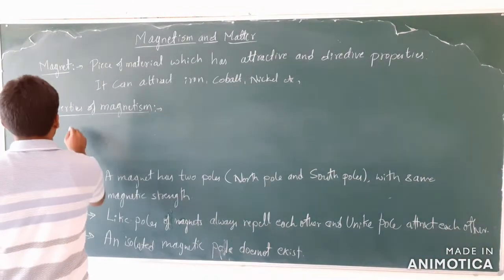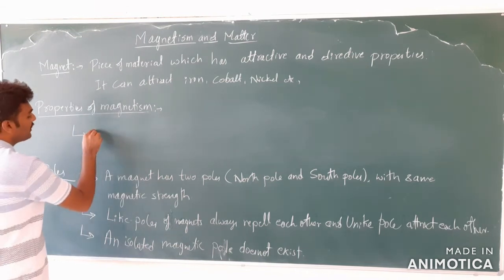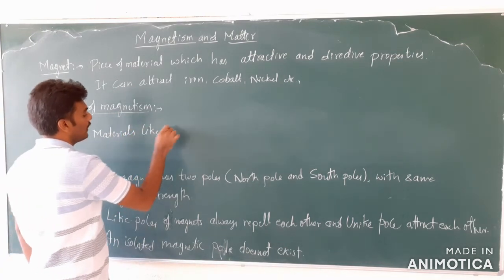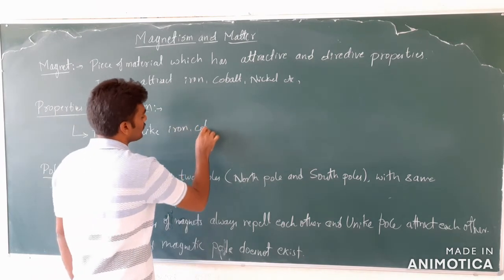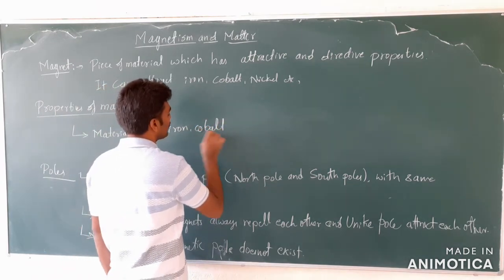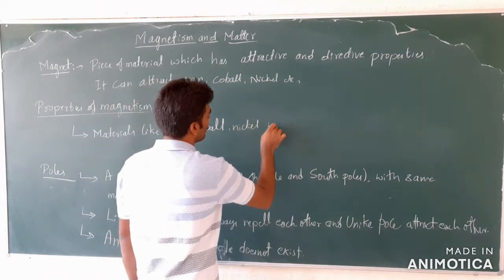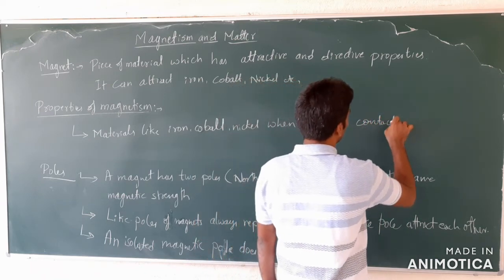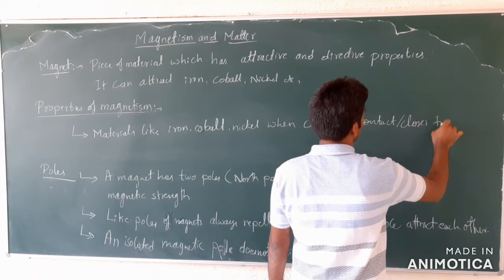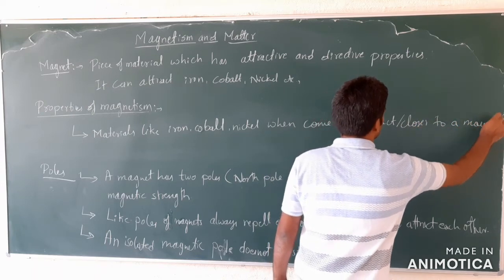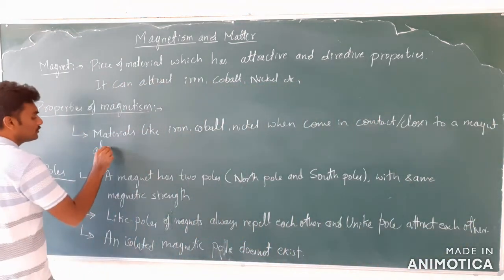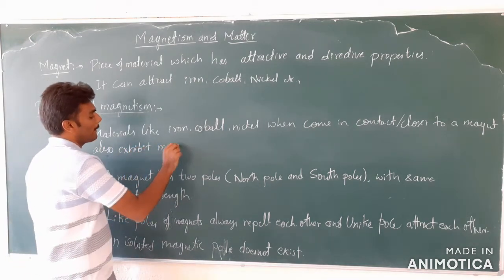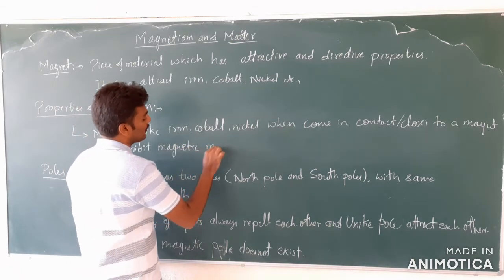The next property is as follows. Materials like iron, cobalt, nickel, when they come in contact or come closer to a magnet, also exhibit magnetic property.